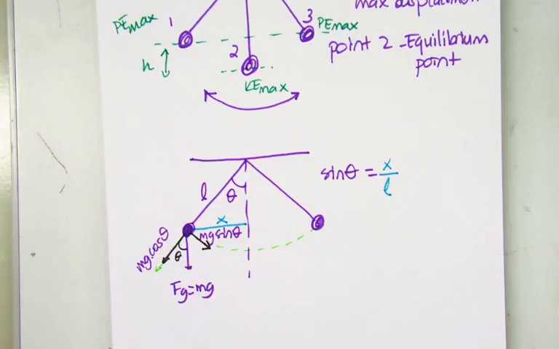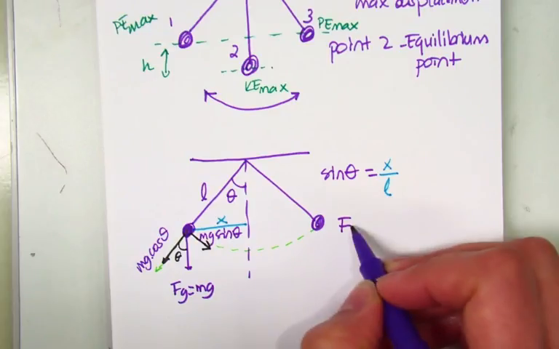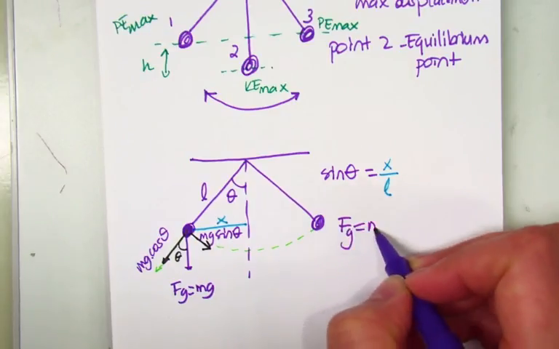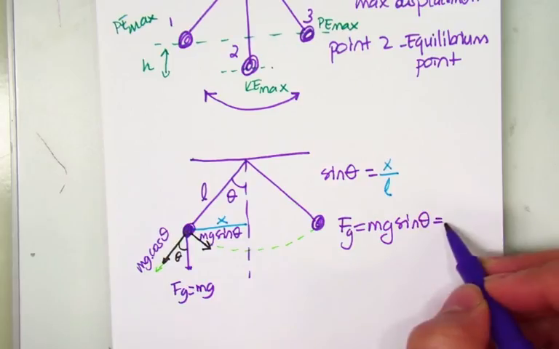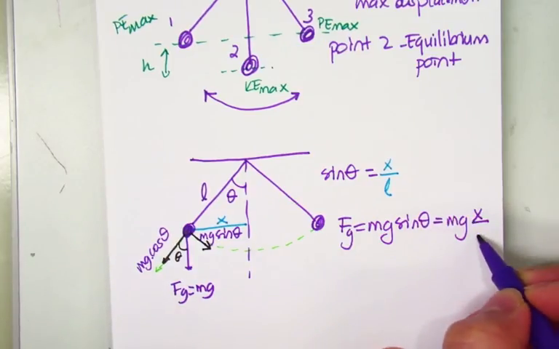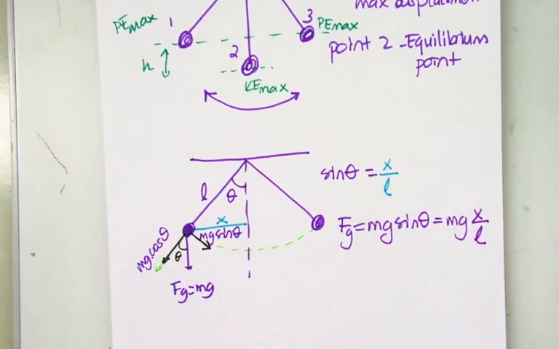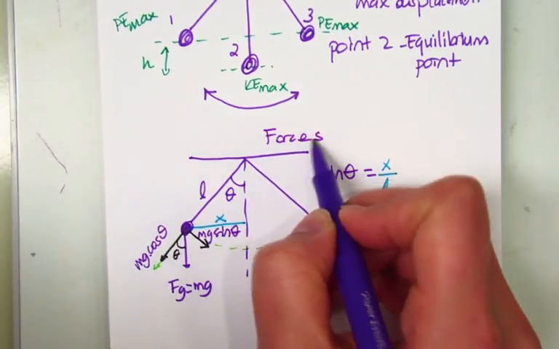And what does that mean? Fg, which is mg times sine theta, will be equal to mg times x over L. And those are the forces on the pendulum.